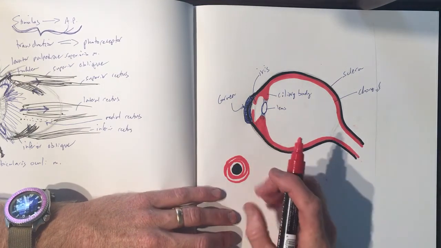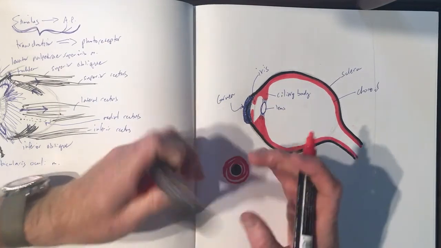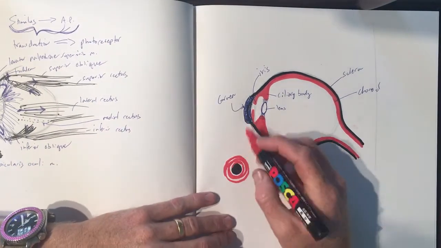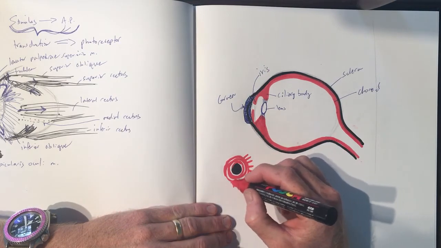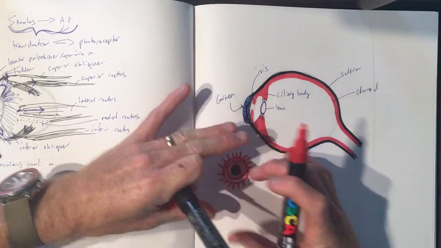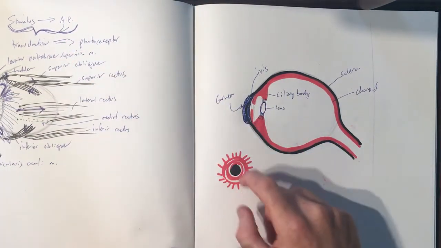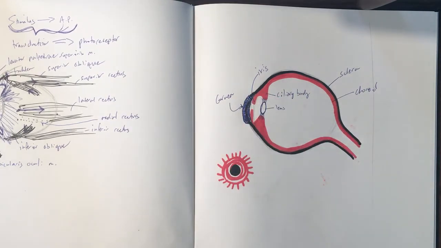When these contract, they cause the pupil to get smaller because the circular muscles squeeze it. And on the outside of the circular muscles, we have radial muscles whose fibers are positioned like that. When they contract, they pull the iris larger. So these two types of muscles are included right here in that iris.